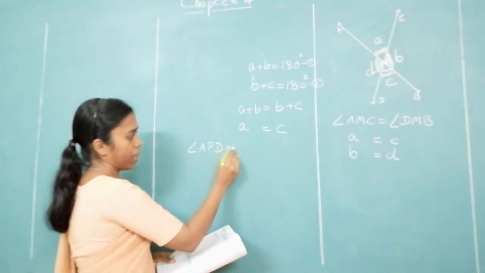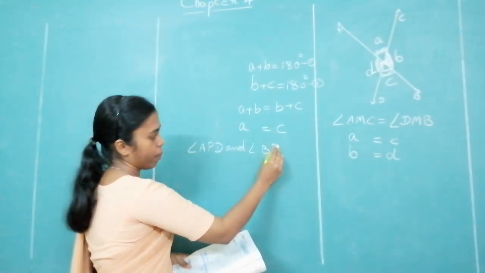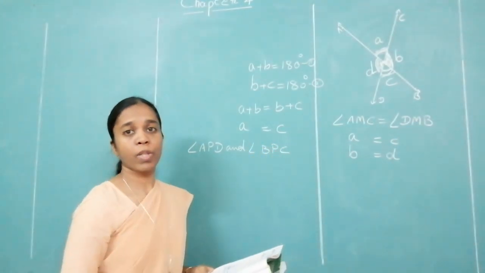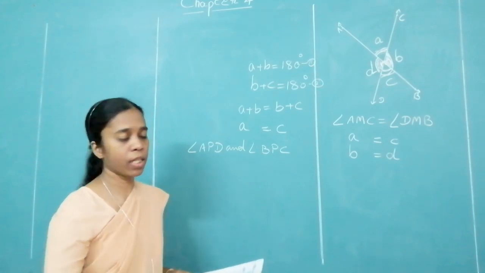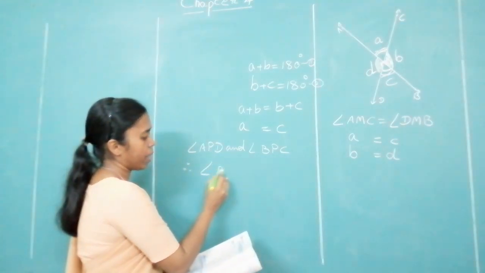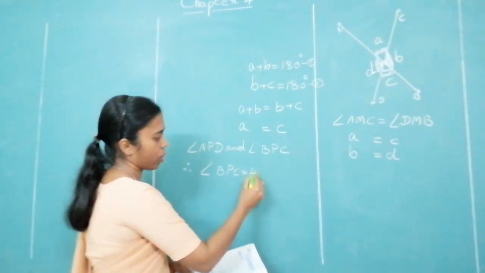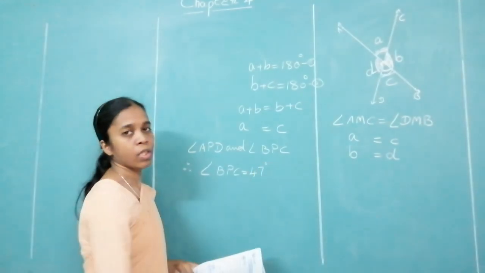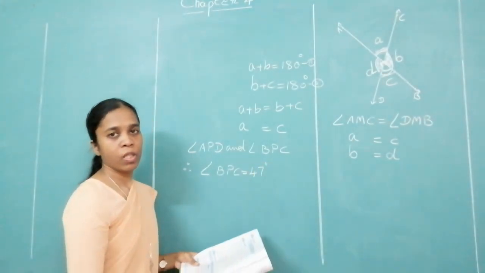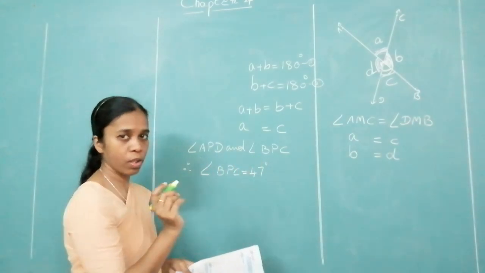Therefore, angle BPC is equal to 47 degrees. Why is it 47 degrees? Because they are vertically opposite. Vertically opposite angles are equal.